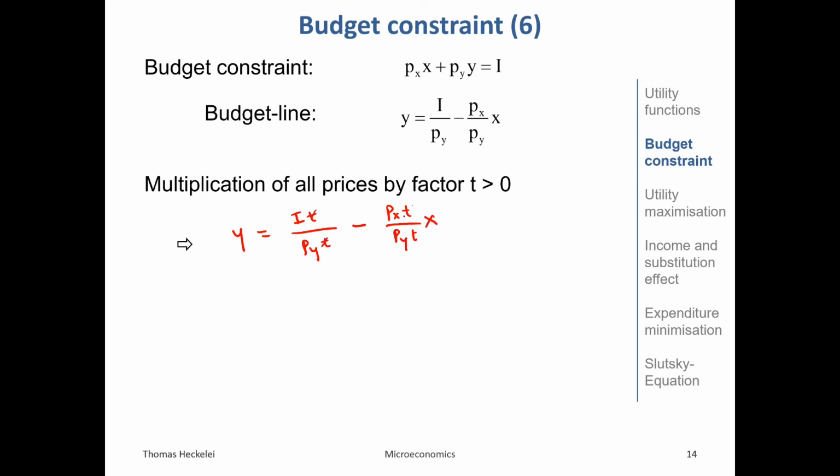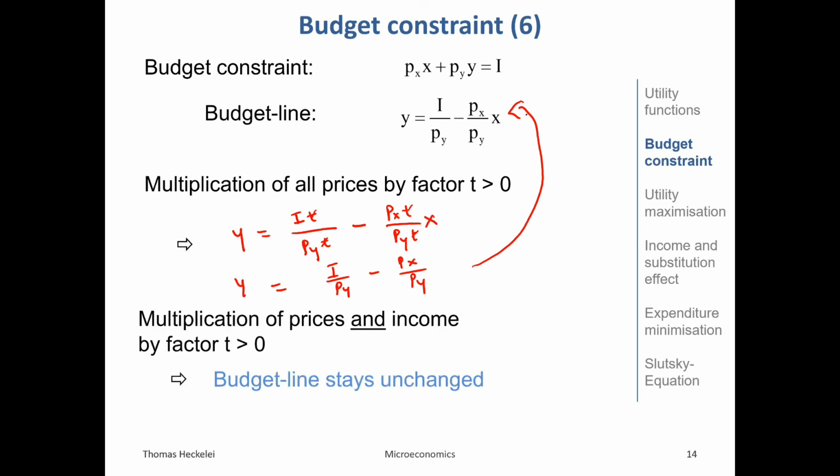And all those t's cancel out. So at the end, we still have I over py minus px over py, which is exactly the same as before. The budget line will remain unchanged, right?